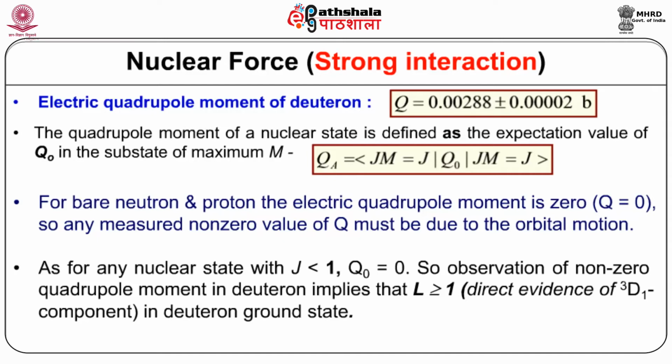So in order for the deuteron to have a quadrupole moment, its J value has to be greater than 1, that is, the L value has to be greater than or equal to 1. So it indicates that the possibility of L equal to 2 in the ground state of the deuteron is very high, and it's a direct evidence of the L equal to 2 component in the deuteron ground state.